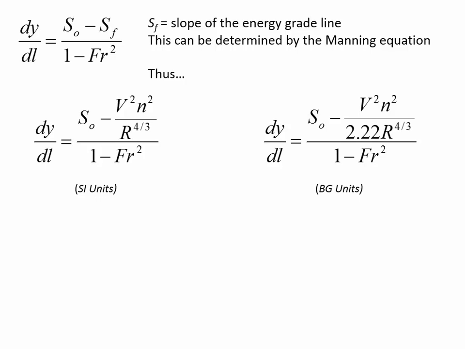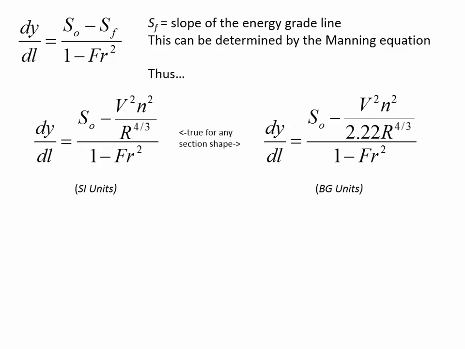Okay, so what they've done here is solve for S sub f, substituting S sub f for both SI units and BG units. These come from Manning's equation. This V squared n squared divided by R to the 4/3 has its origin in Manning's equation.